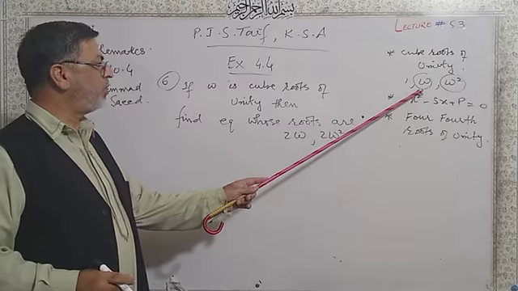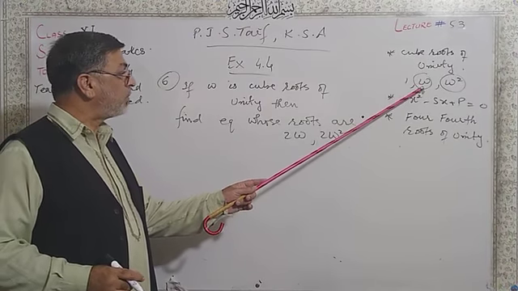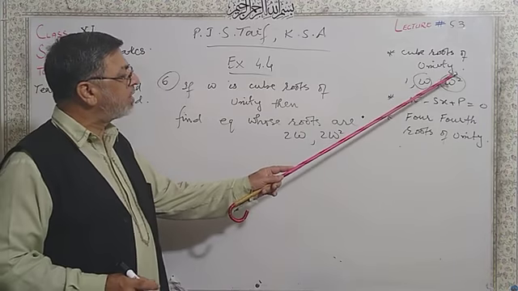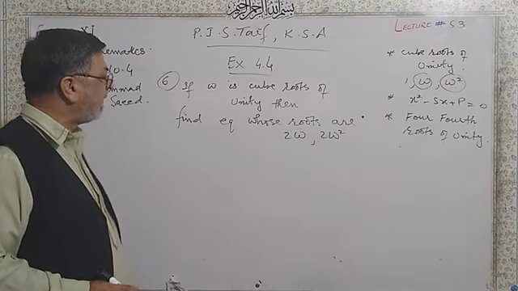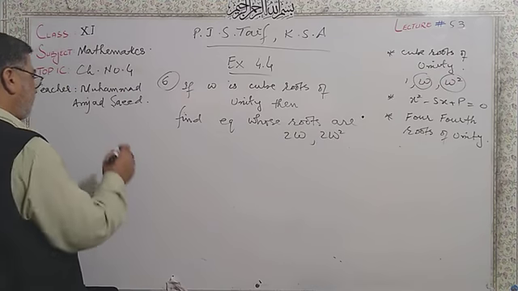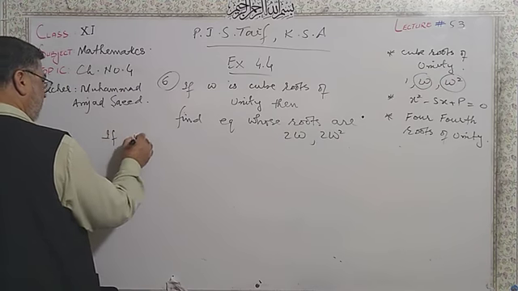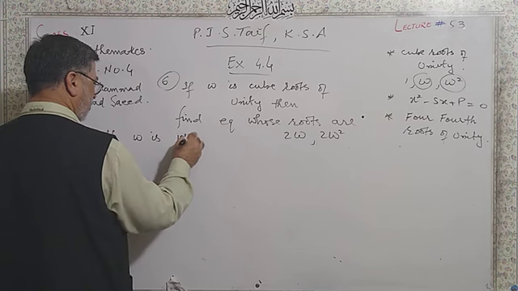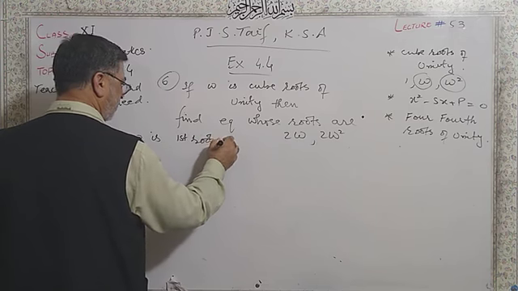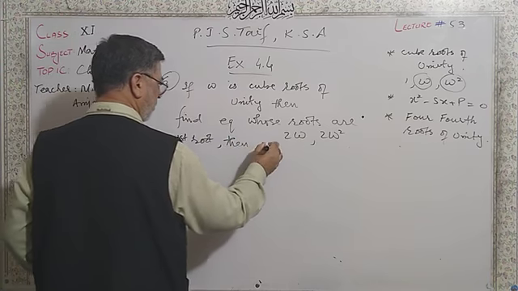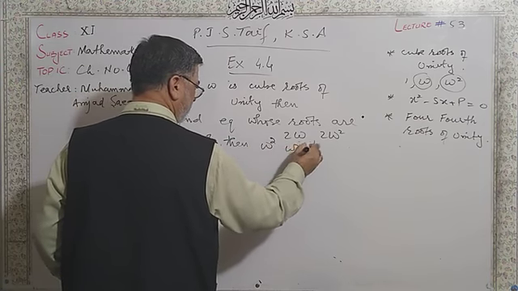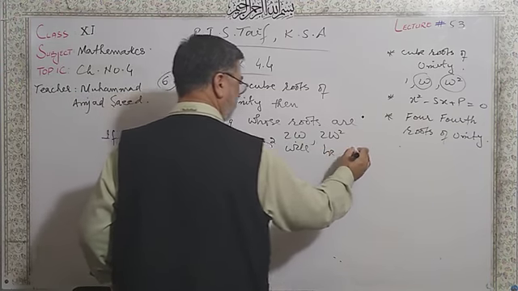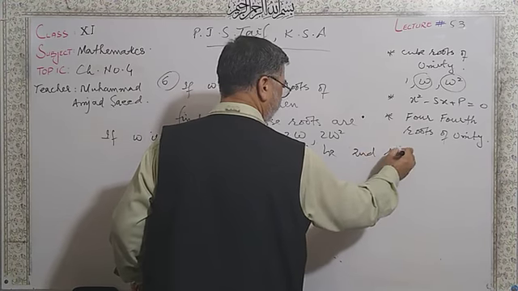If omega is this complex cube root of unity, then its second complex root will be omega square. Omega is the first root, then omega square will be the second root.